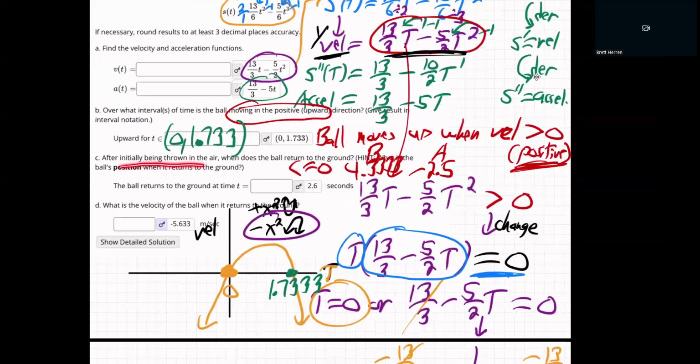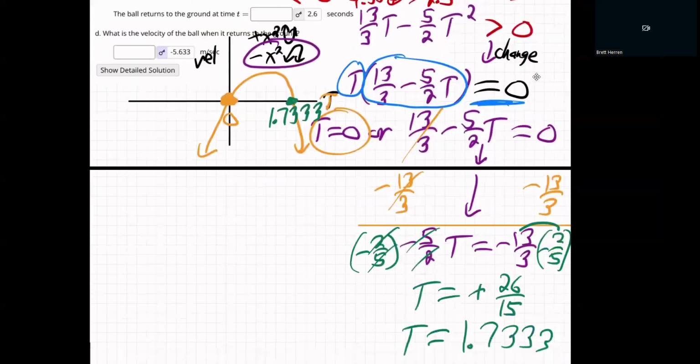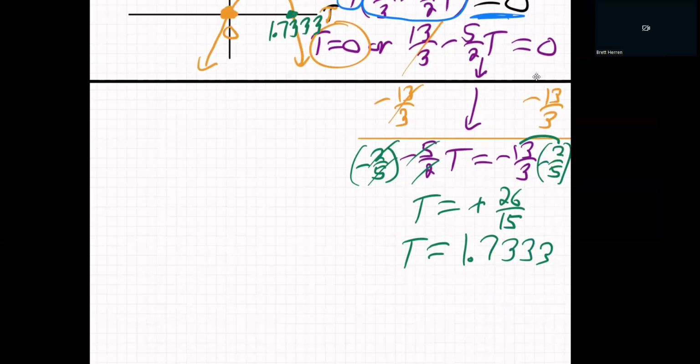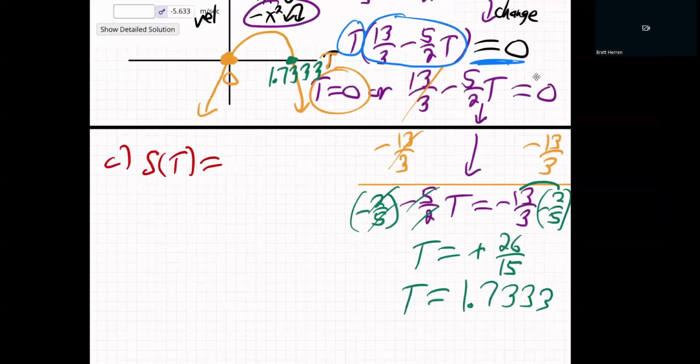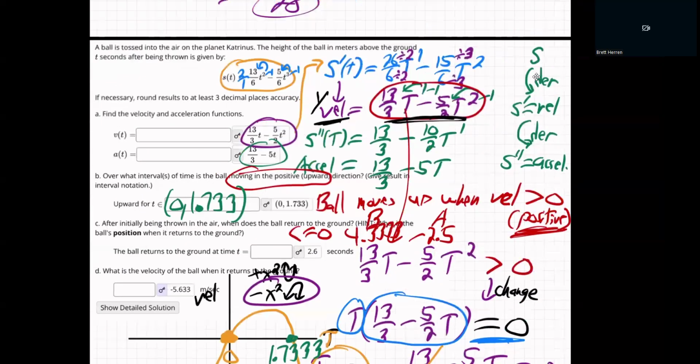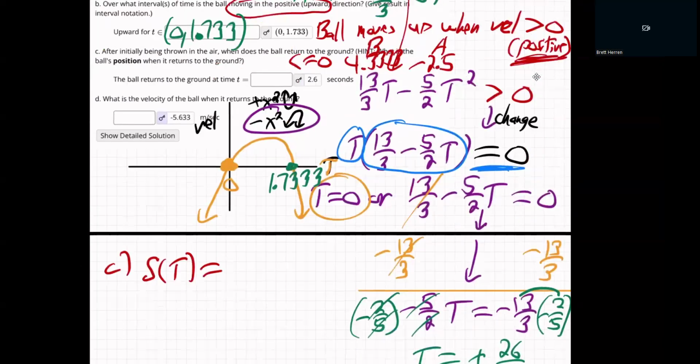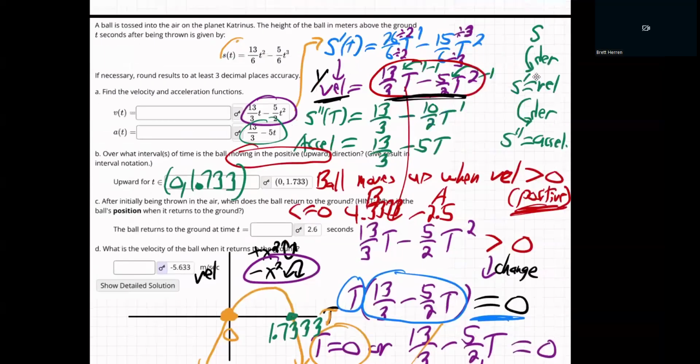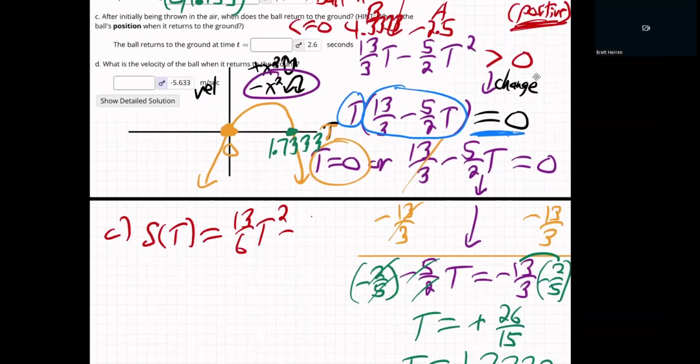After initially being thrown in the air, when does the ball reach the ground? Hint, what is the ball's position when it reaches the ground? So part C, from over here, we're going to go back to the position equation. Here it is. It is 13.6 t squared minus 5.6 t cubed.